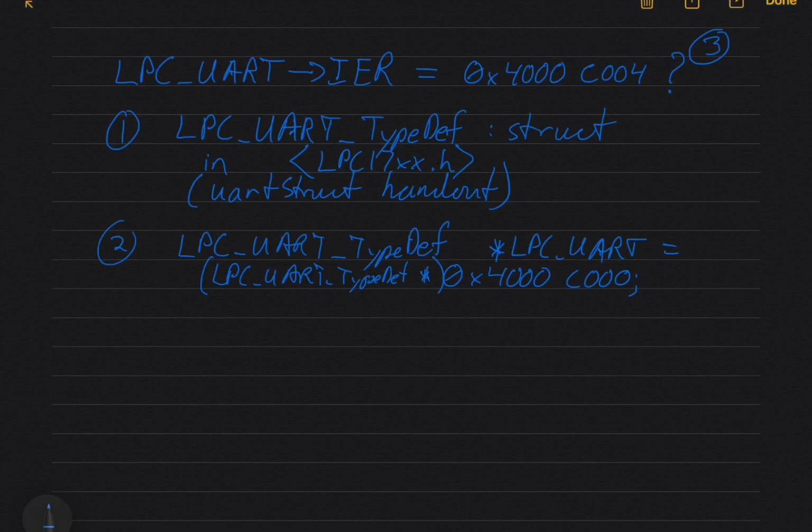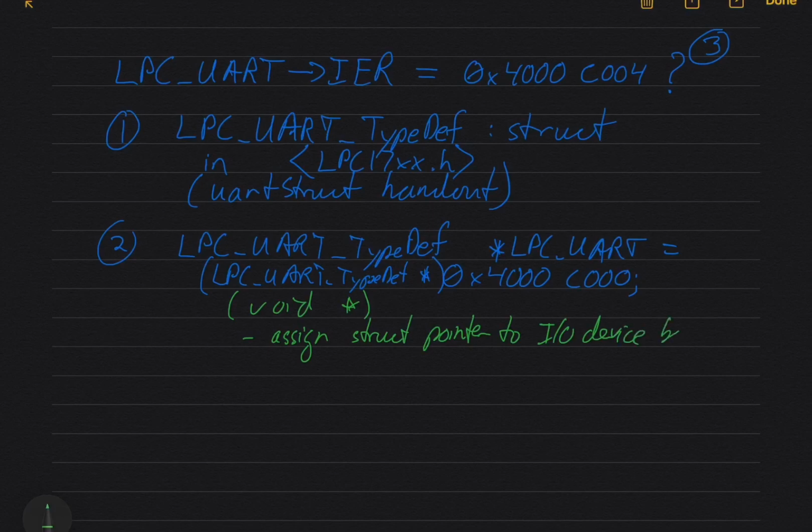If you didn't want to write all that, instead you should be able to just write void pointer, so it converts the integer literal into a void pointer, which can be implicitly cast to this LPC UART pointer type. So now we've assigned our pointer to the base address. So we assign the struct pointer to the IO device base address.